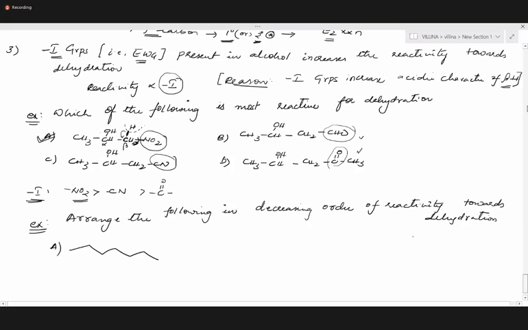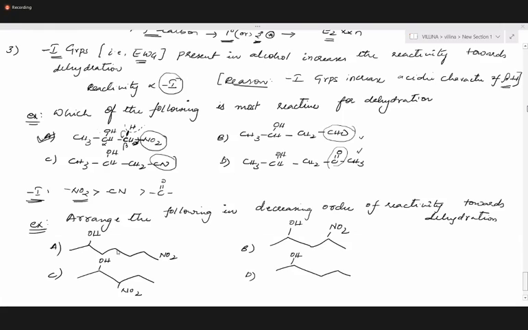In option A you have OH, NO2, and in option B you have OH, NO2, and in option C you have it at the second position, so you have OH and NO2, and in option D the same, you have OH and NO2. So the distance also matters when it comes to the action of minus I groups. Take that also into consideration.